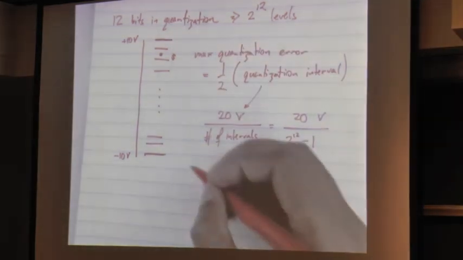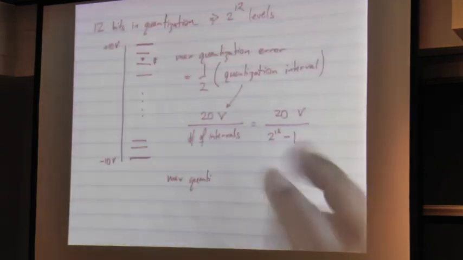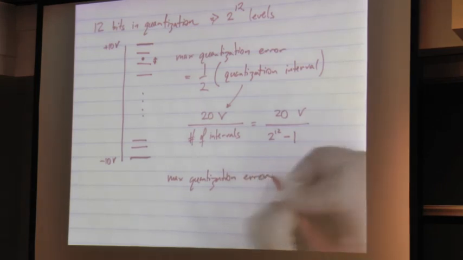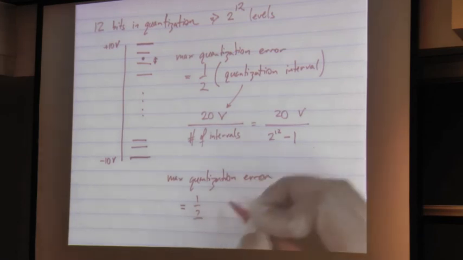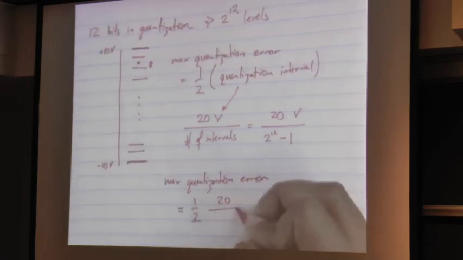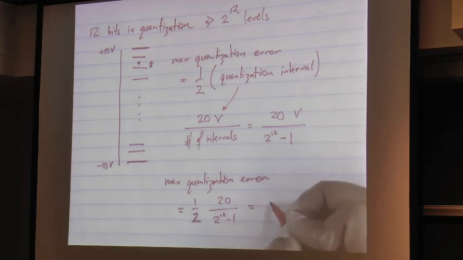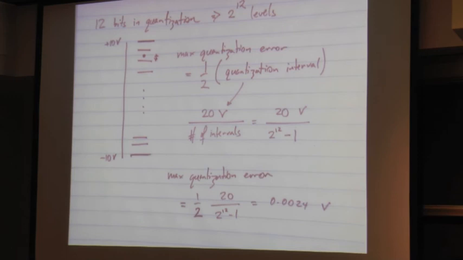So, okay, putting all of this together, the max quantization error is equal to 1/2 times 20 divided by 2 to the 12 minus 1, which is equal to 0.0024 volts. Okay, you can end this question.